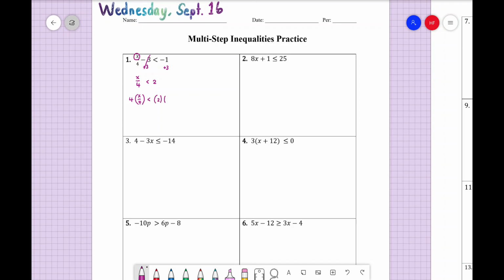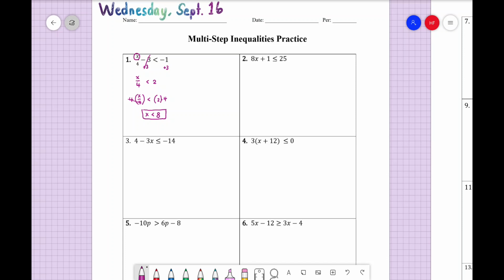Whatever I do on the left, I gotta do on the right. I'm going to multiply this 2 by 4 as well. We said those will cancel each other out. So we have x less than, we didn't divide by a negative, we didn't multiply by a negative, so the sign stays the same. X is less than 2 times 4, which is 8. My variable is isolated. I am done.